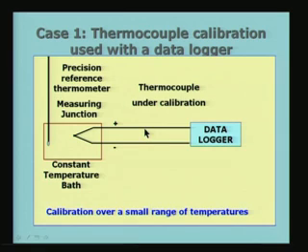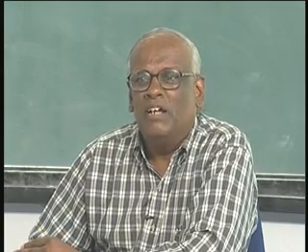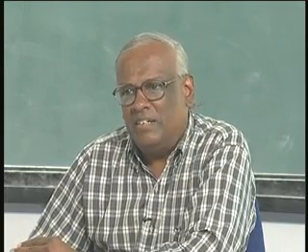That means that this calibration will be valid as long as the temperature of the data logger is at a uniform value, which is not going to vary with respect to time. If, however, the data logger is going to be exposed to different temperatures because the laboratory temperature varies over a period of time, this calibration will of course not be totally correct.